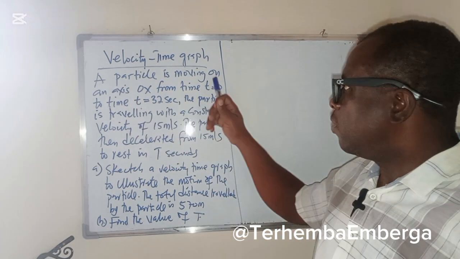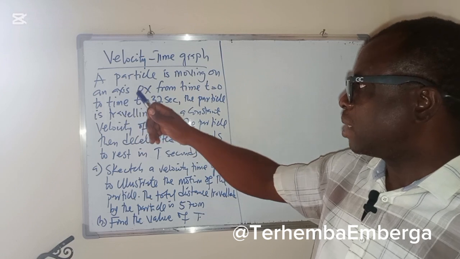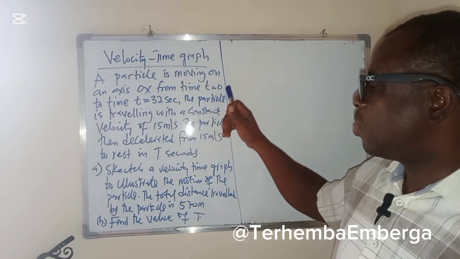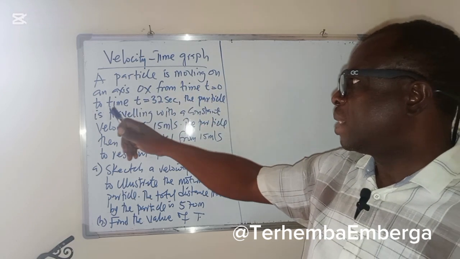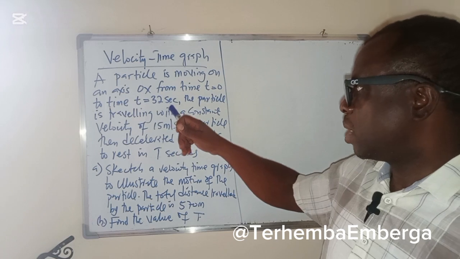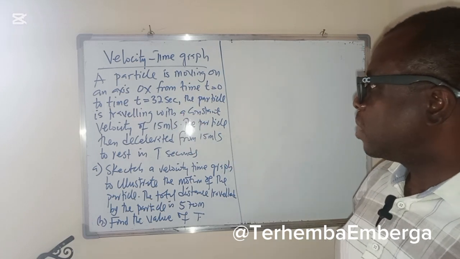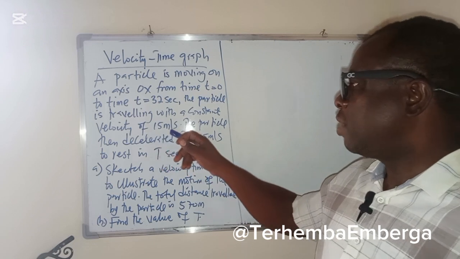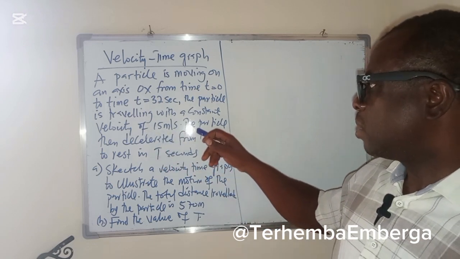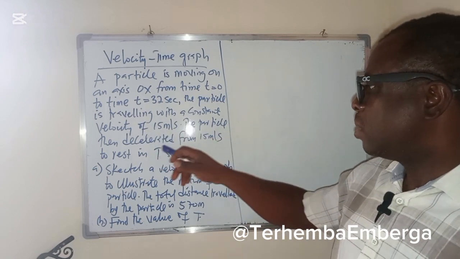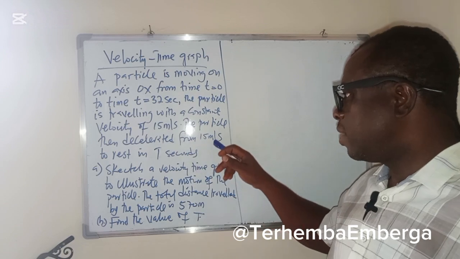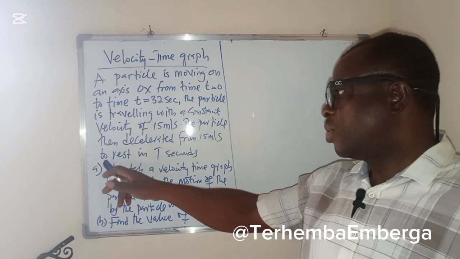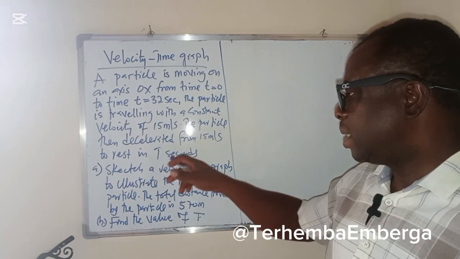A particle is moving on an axis Ox from the time t equal to 0 to time t equal to 32 seconds. The particle is traveling with a constant velocity of 15 meters per second. The particle then decelerated from 15 meters per second to rest in t seconds.